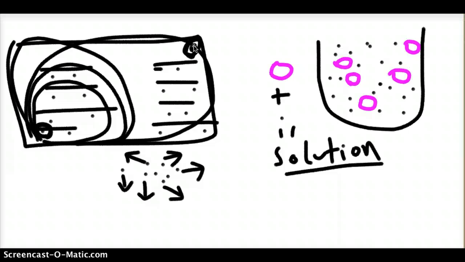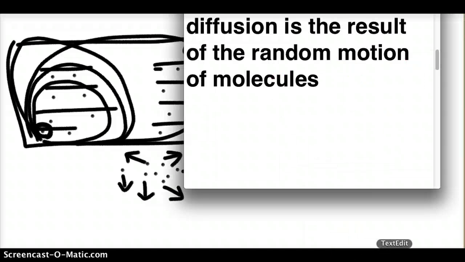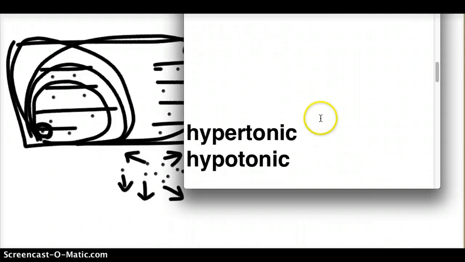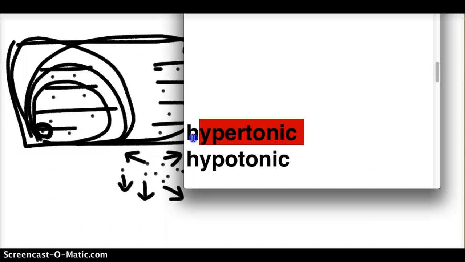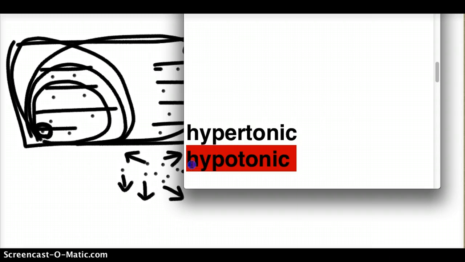Hypertonic means high concentration, and lower concentration means hypotonic. So hypertonic means high concentration, and hypotonic means lower concentration.